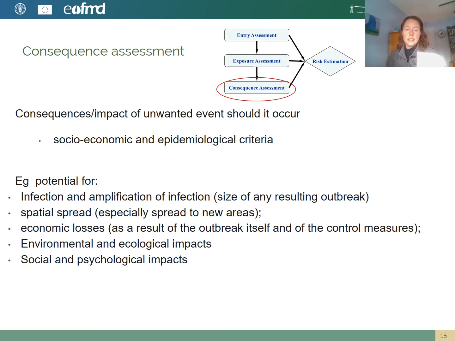The consequence assessment describes the impact of the unwanted event should it occur, and it can consider both socioeconomic and epidemiological criteria. If human health is involved, there could also be public health considerations included.